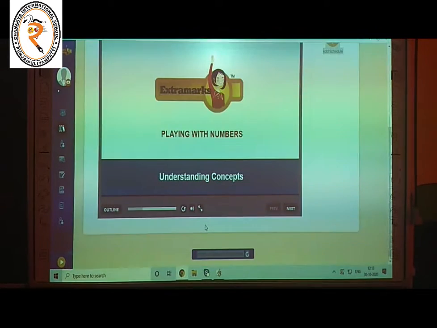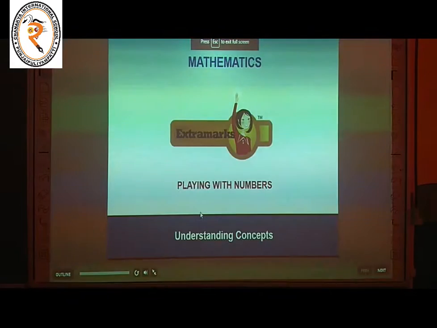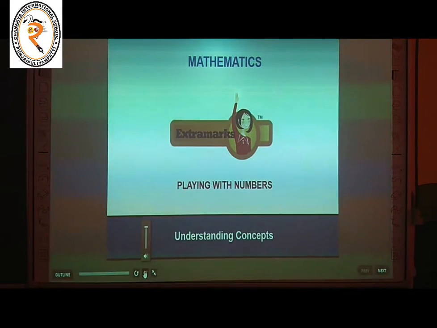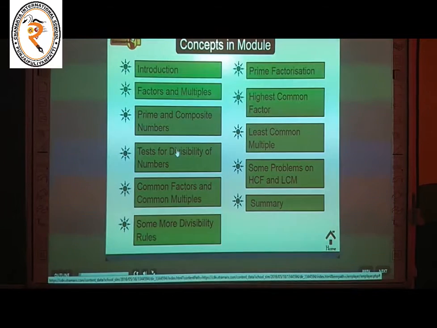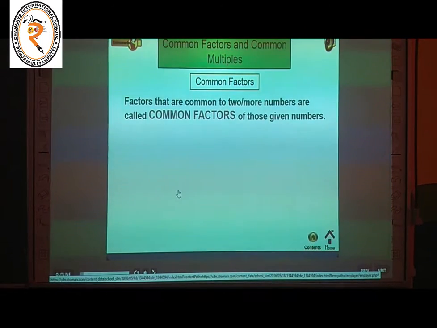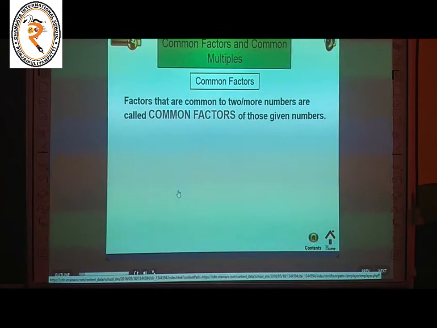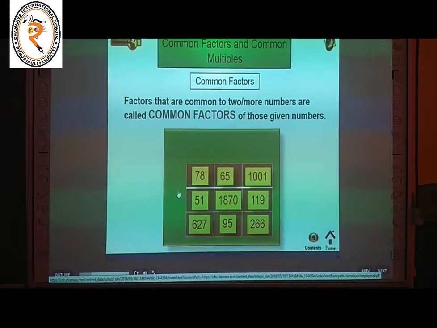Playing with numbers. In this module, at first we will introduce the common factors. Factors that are common to two or more numbers are called common factors of those given numbers. Observe the following numbers.